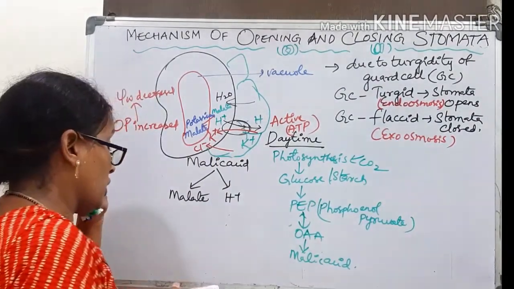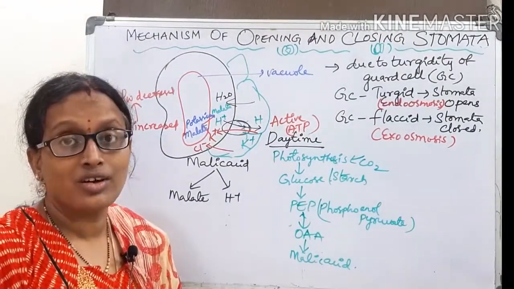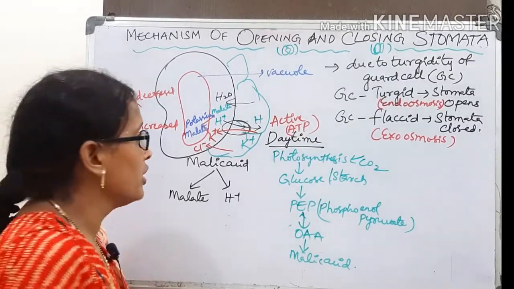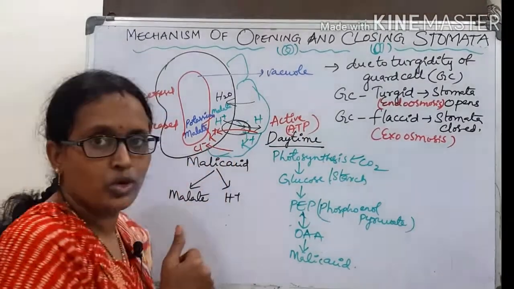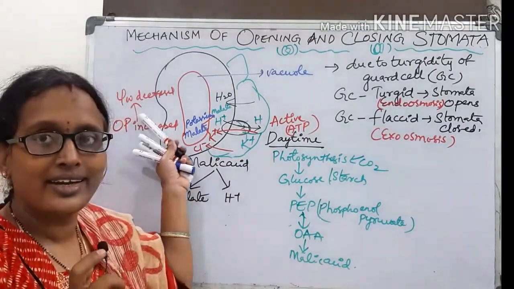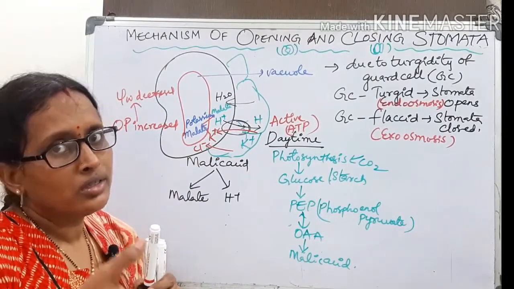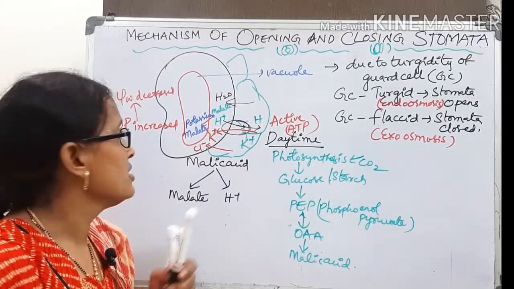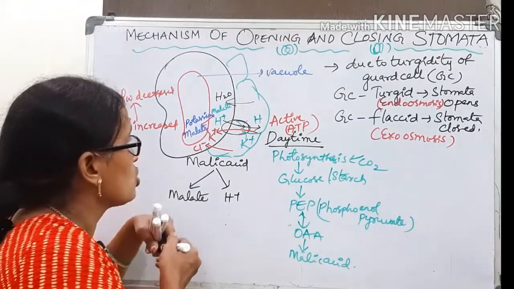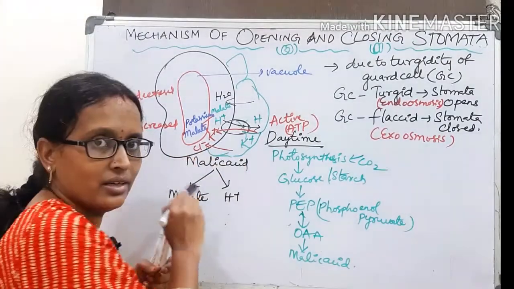Why is water entering? Because the water potential inside the guard cell is decreased, due to the entry of potassium and chlorine ions. So if solutes are more, the water potential is decreased, and ultimately water from outside enters.